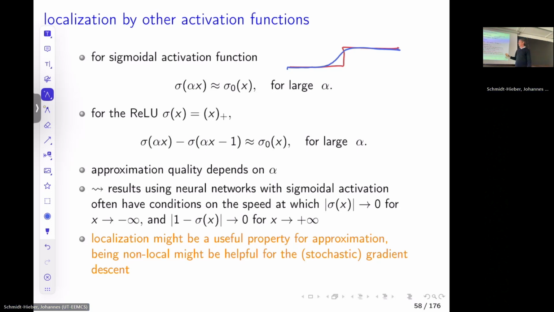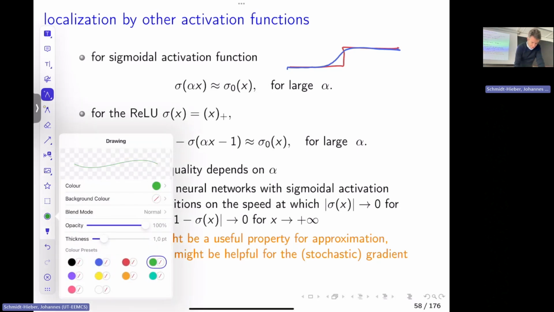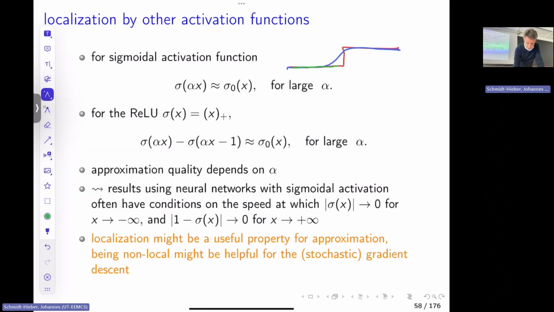And for ReLU, you can also do that, right? So this is just the construction I have shown before on the previous slide. You just do this, this, and this, and you can make the slope steeper and steeper by making the alpha in here larger. So you need two ReLUs to represent the step function, and the slope you can make arbitrarily large by choosing alpha large.